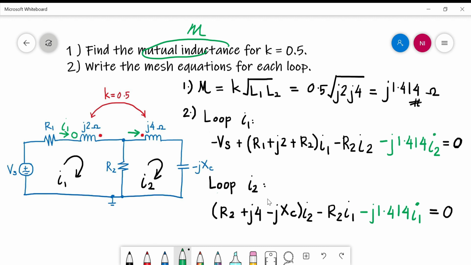Then for loop I2, here is the general mesh equation and the coupling because of current I1. You are in loop 2, so it is because of current I1. Again you must look at both currents, I2 and I1. I2 is positive and I1 is negative, so negative and positive gives us negative. Okay, that's all for this question.